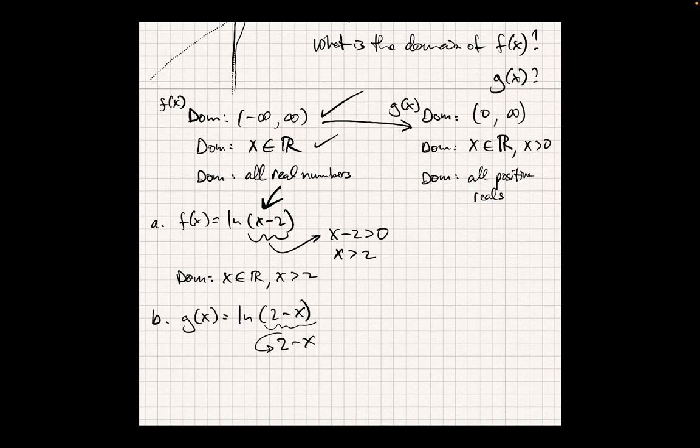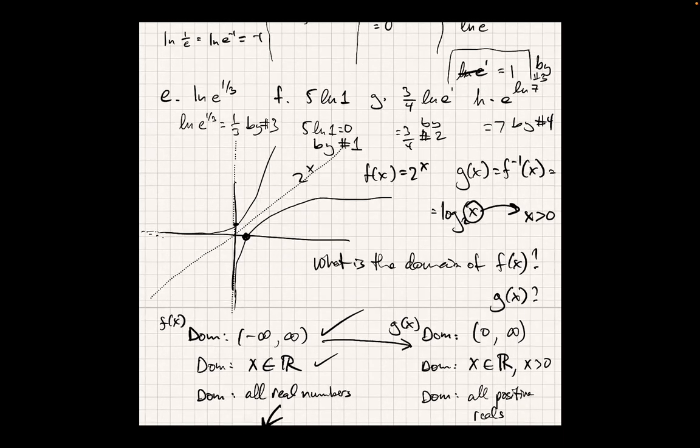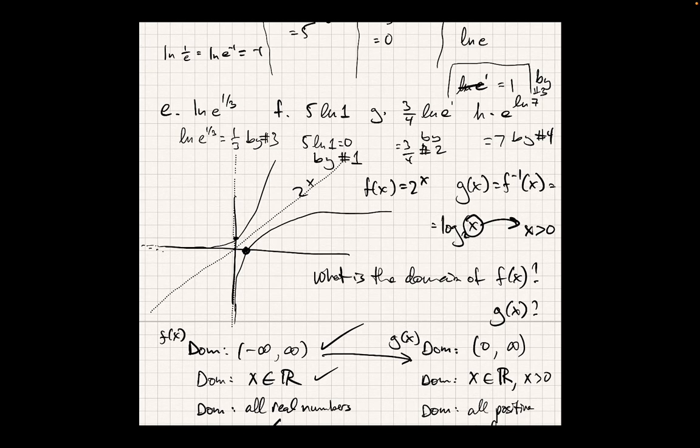Do you see how, because of the horizontal asymptote for the exponential version, this allows any x values, but the range is not all values? It can't produce any negative numbers. All these negative numbers are out of bounds for 2 to the x.